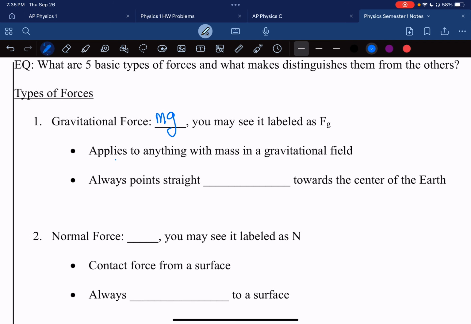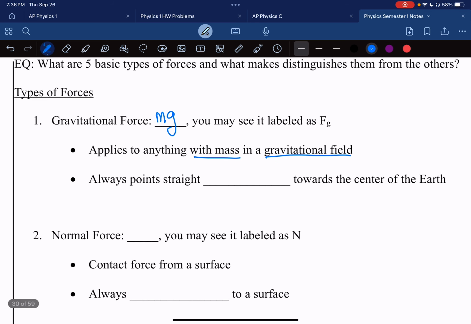The gravitational force applies to anything with mass that is sitting in a gravitational field. The Earth has a gravitational field, and pretty much anything with mass will have a gravitational force on it. By the way, we label it as mg. You may see it as capital F with a subscript g, but in this class, you'll pretty much see mg the most.